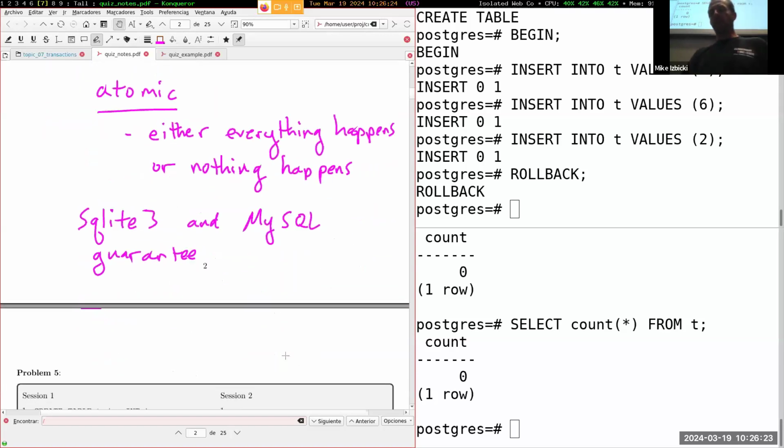Some NoSQL databases, so again, the RDBMS, relational database management systems, this is an M right here, these all are guaranteeing atomicity.